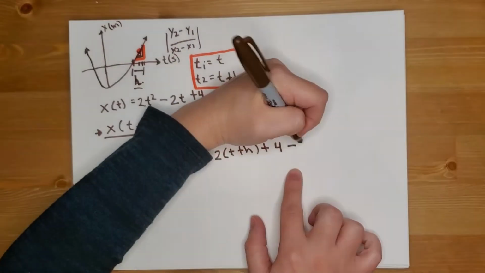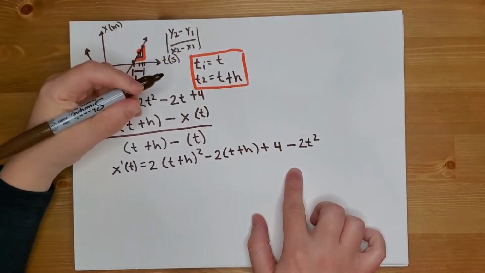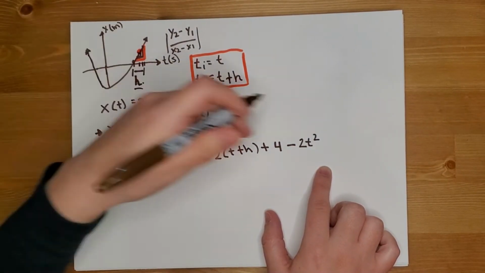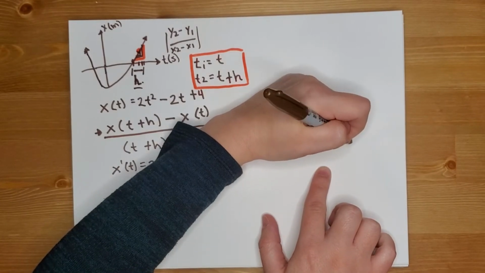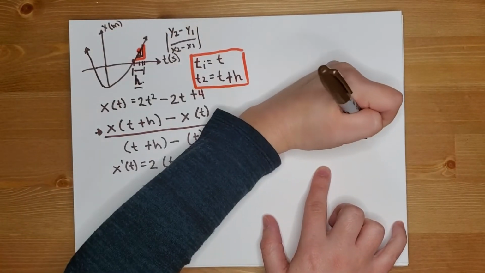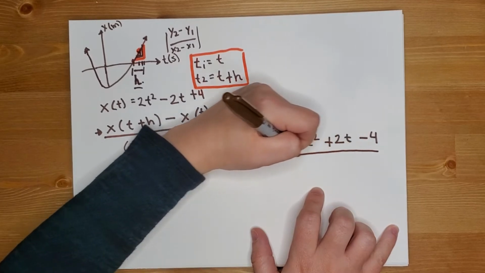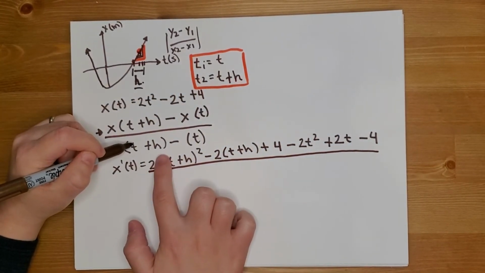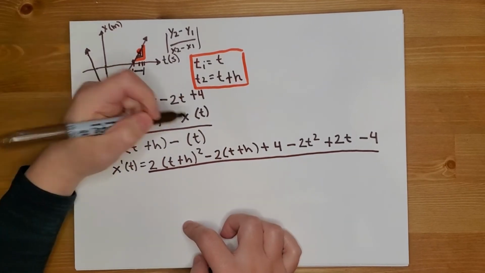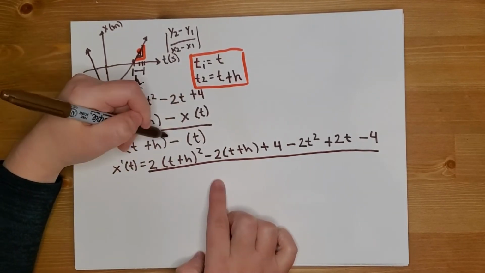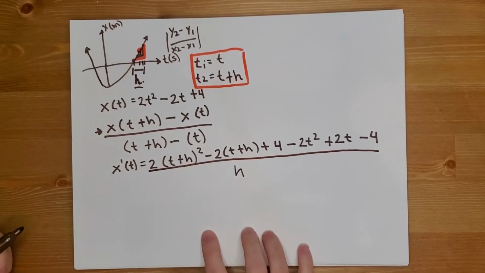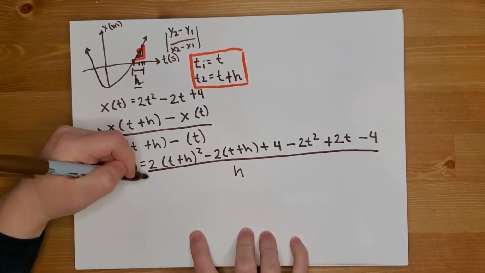So minus 2t squared, then minus times minus is just plus, so that's plus 2t, and then again minus 4. All of that over t plus h minus t. But now we can just delete the t's, because t minus t leaves no t's, so it's only over h. So now we can just expand this.